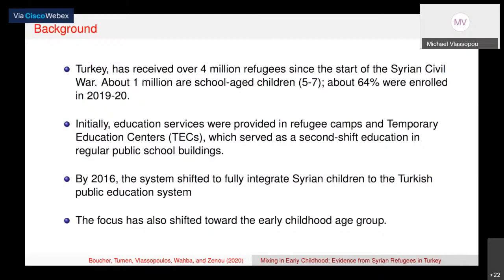As I mentioned earlier, Turkey has received a large number of Syrian refugees, and a large share of those are school-aged children.